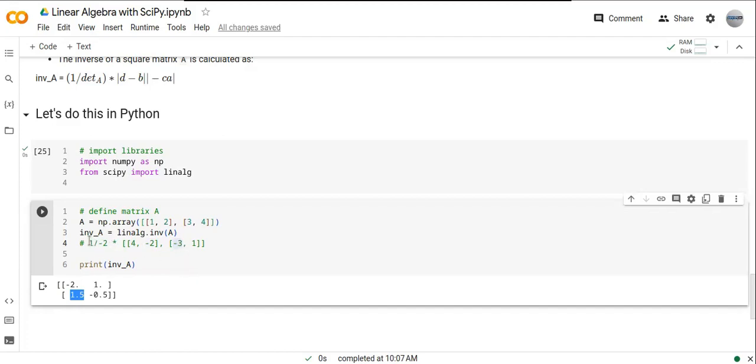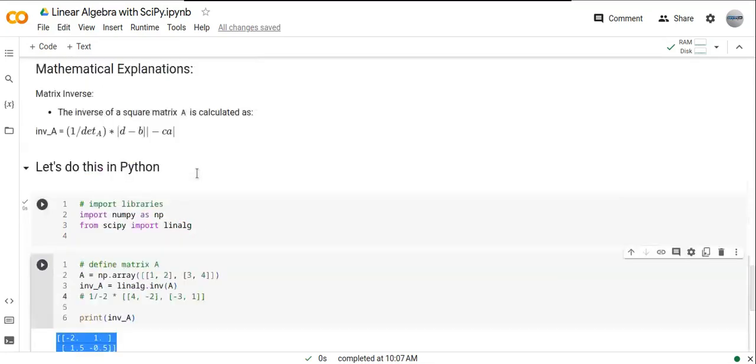And the last one, minus 1 over 2 multiplied by 1 is minus 0.5. So this is the inverse of matrix A. So easily we can calculate the inverse of matrix A using this SciPy Python program.